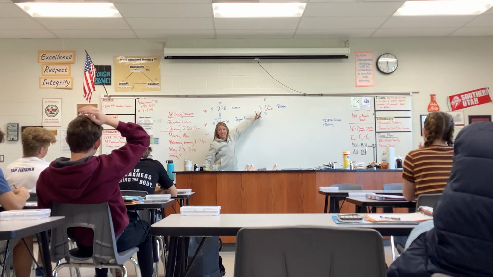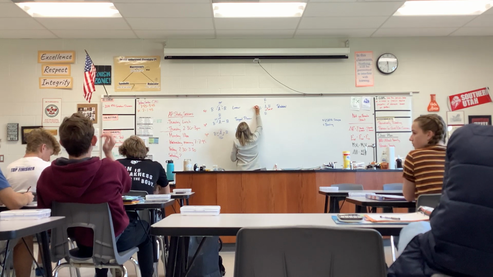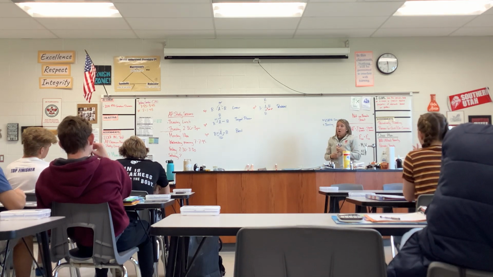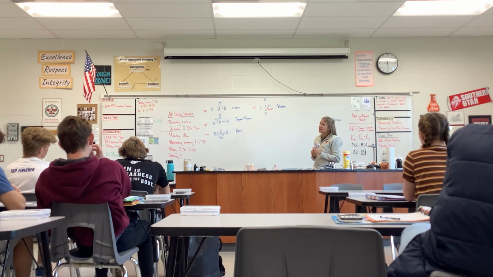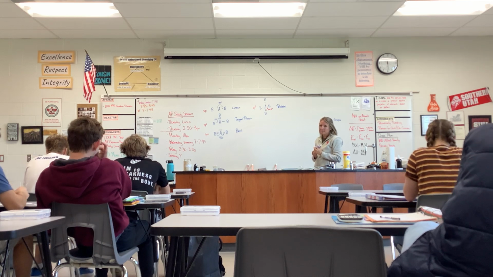Hybridization? Aiden, your question. If you have just A and B, would it be SP? No. Well, this is more than what you need to know. Sometimes orbitals don't hybridize, so they just stay the way they are.